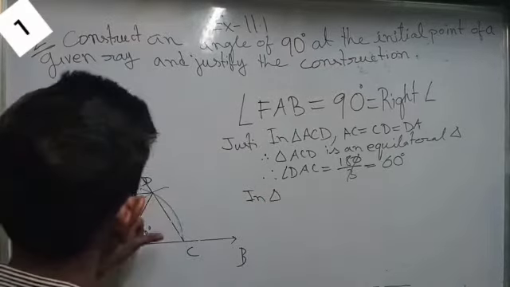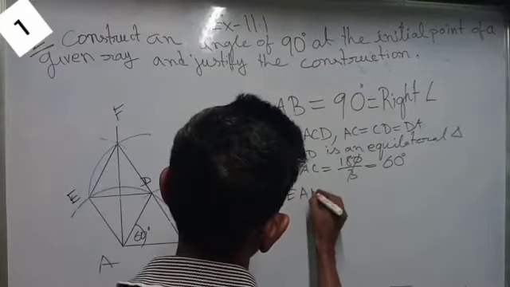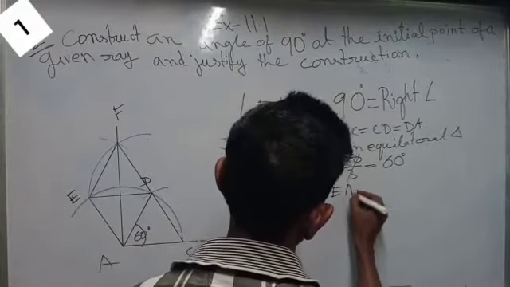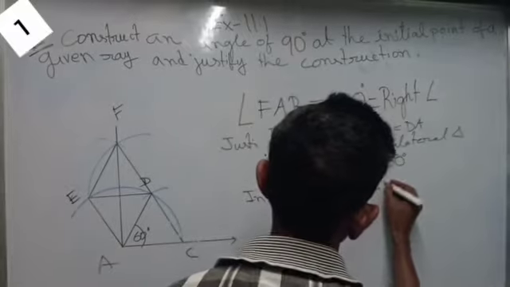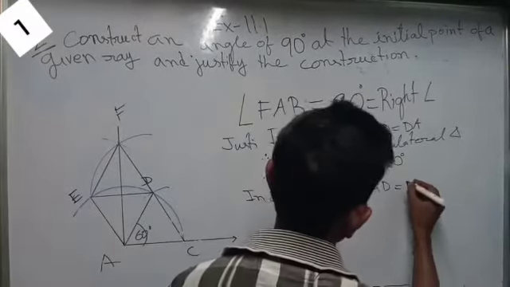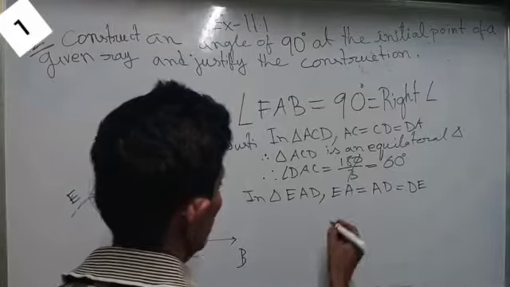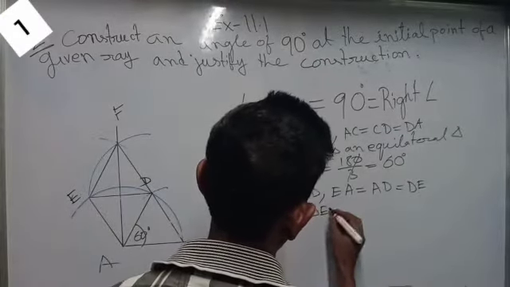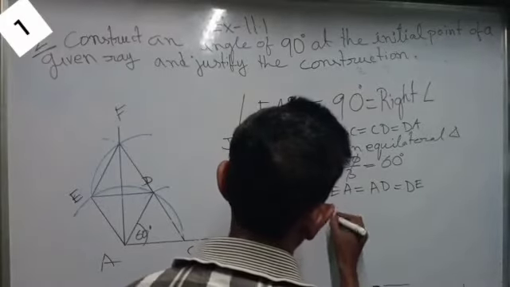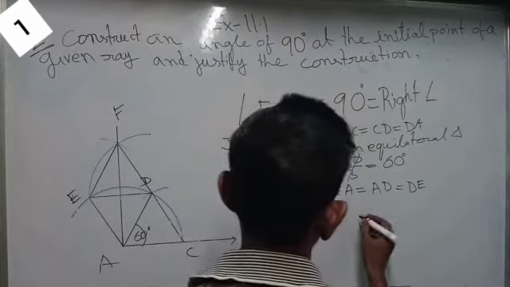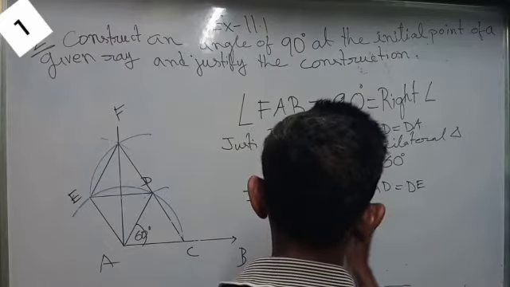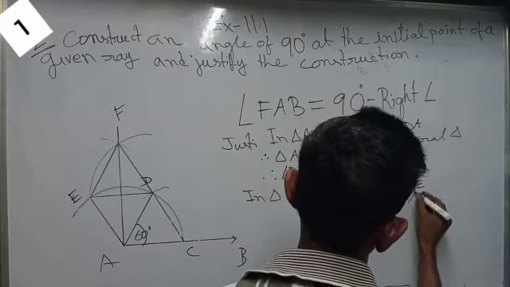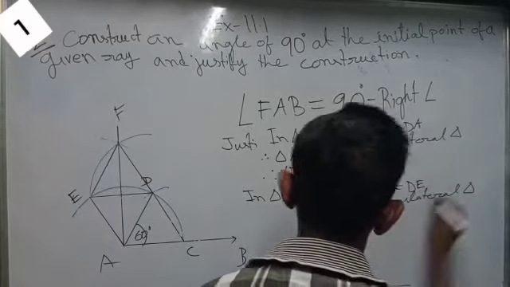In triangle EAD, EA equals AD equals DE. Therefore, triangle EAD is an equilateral triangle.